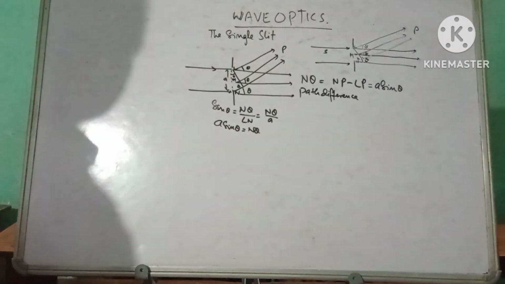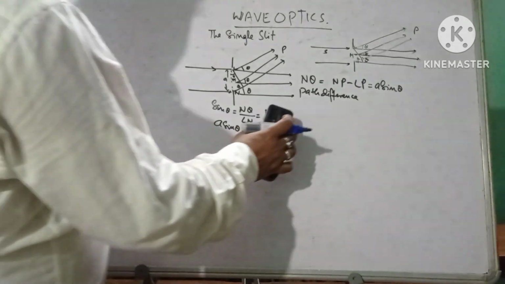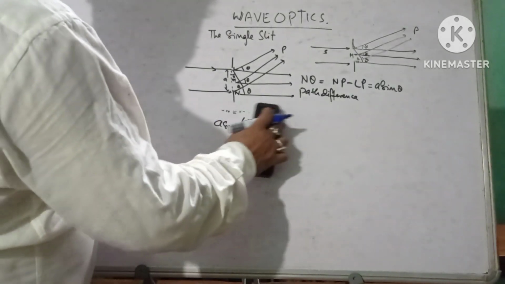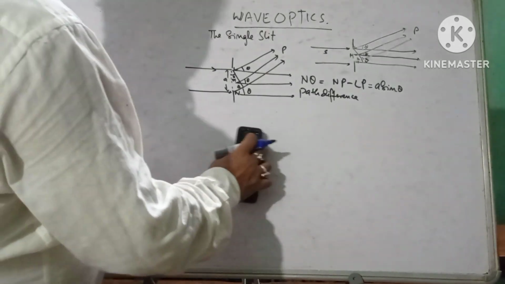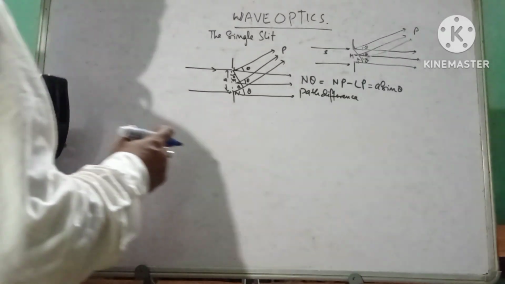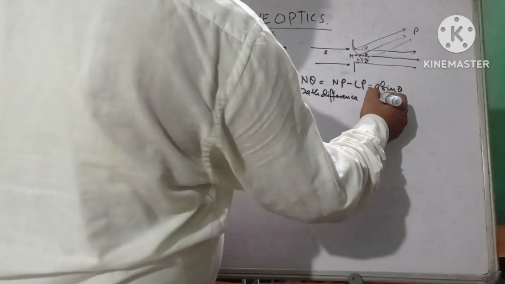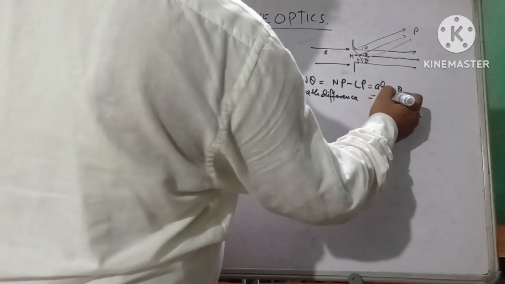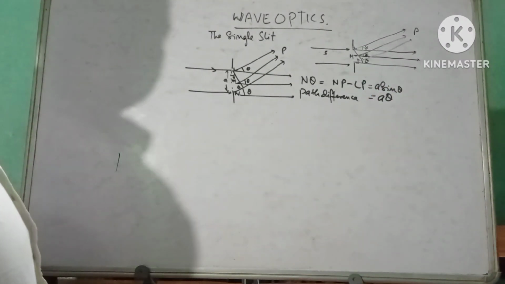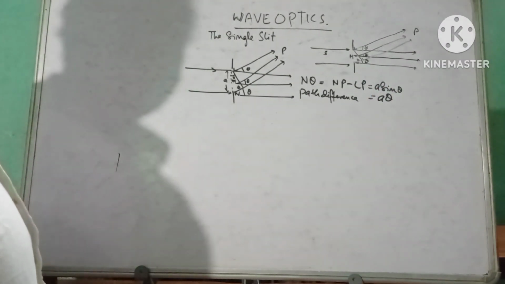Therefore the path difference is A sine theta. And if theta is very small, then we can say that it is A theta.